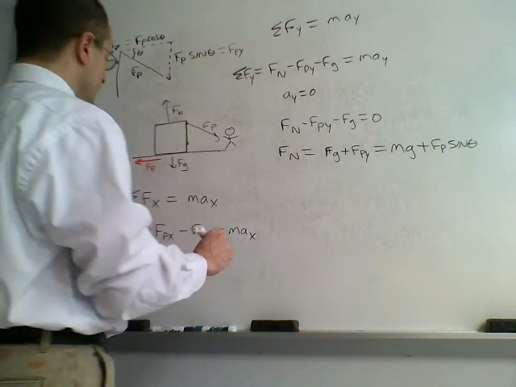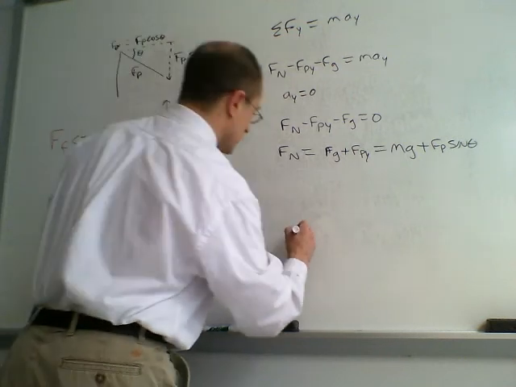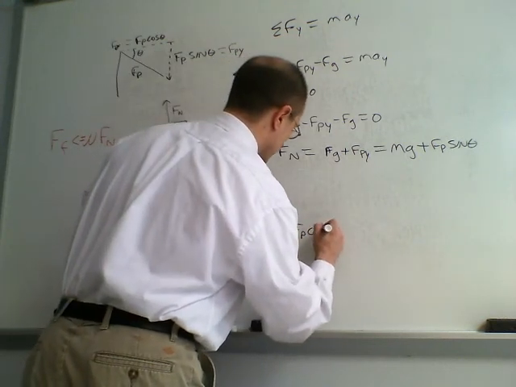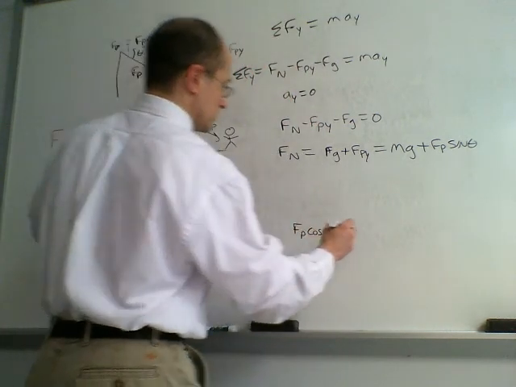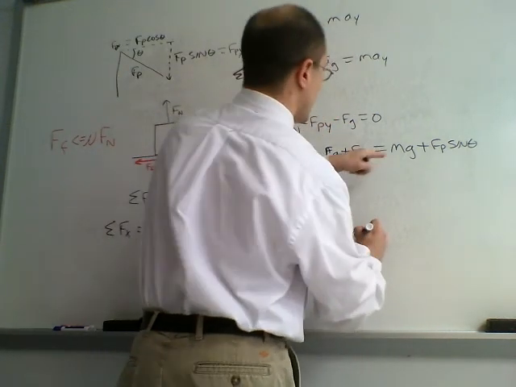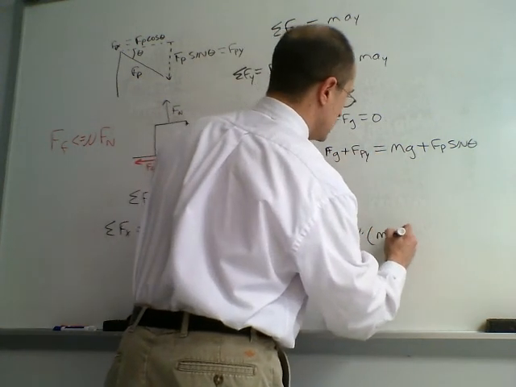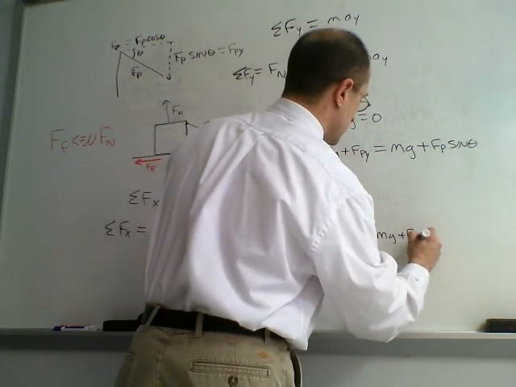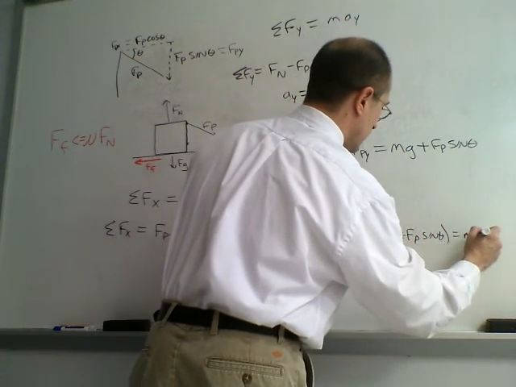So when we're looking at this, the force of our pull in the x is FP cosine theta minus the frictional force, which will be mu times the normal force here, which is mg plus FP sine theta, equals MAX.